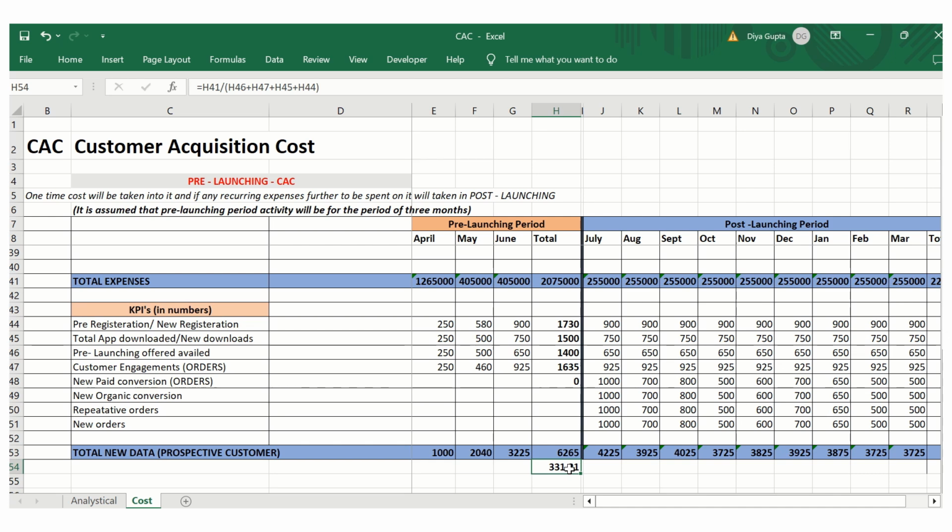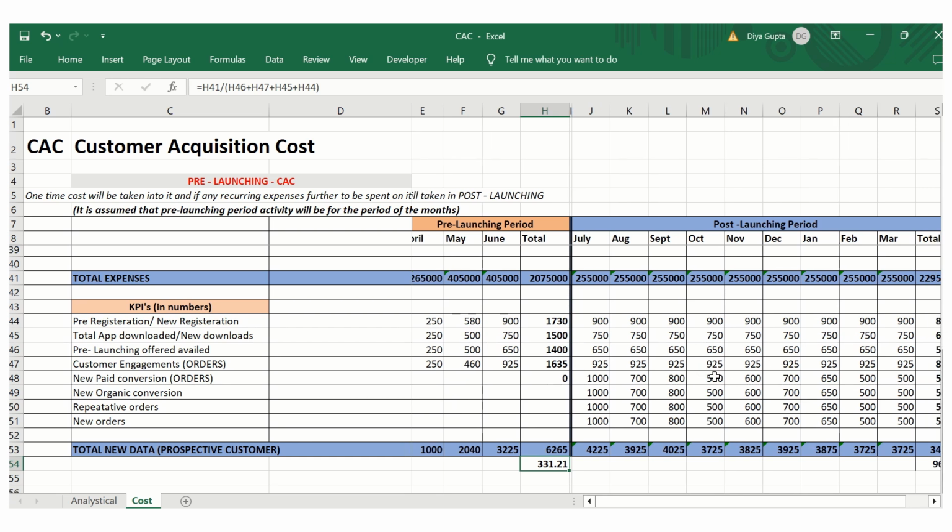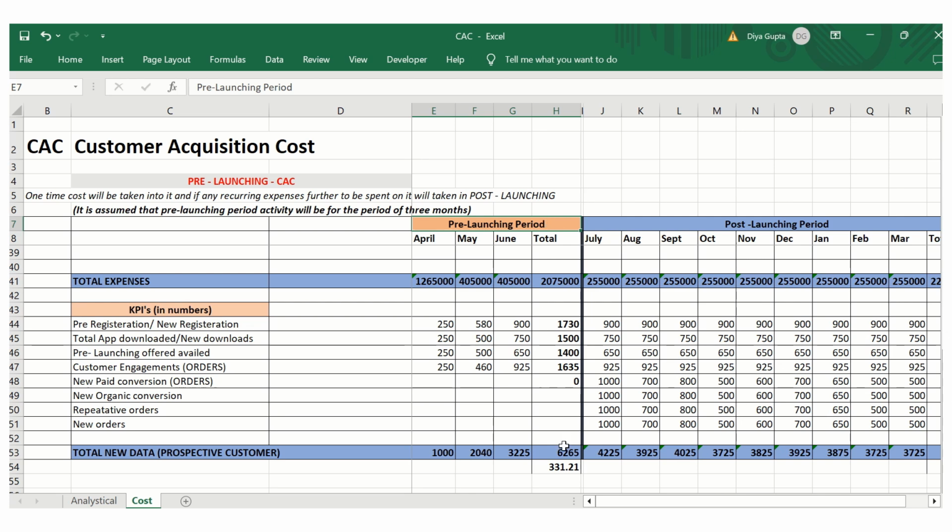How you proceed is your call. Here we are discussing how CAC per order or CAC per customer can be calculated. For the pre-launching period, it is easy to calculate how many registrations are going on, so we find the CAC per registration.